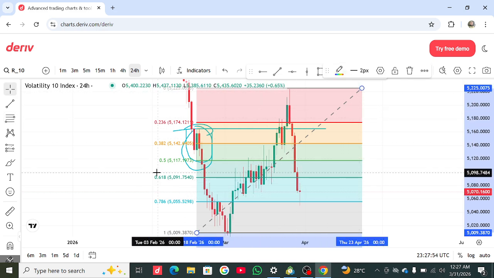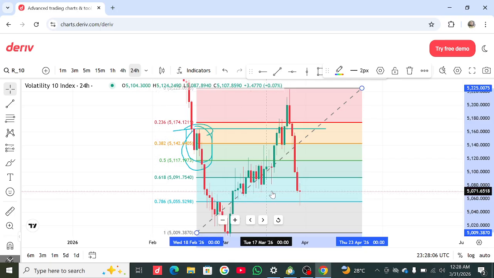Alright, so this is 0.5. Now this retracement has gone down below the 50% Fibonacci level, even to the 0.786 Fibonacci level. So at this point, we'll start going down to the lower time frame to check for the setup.